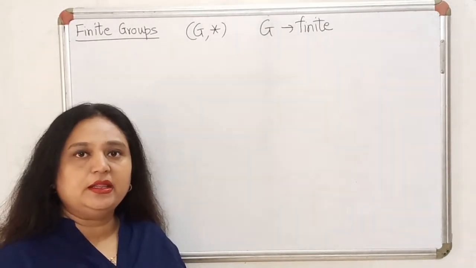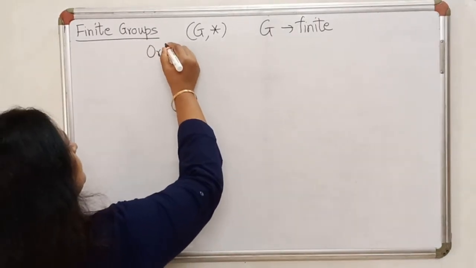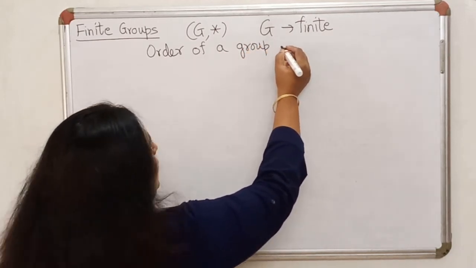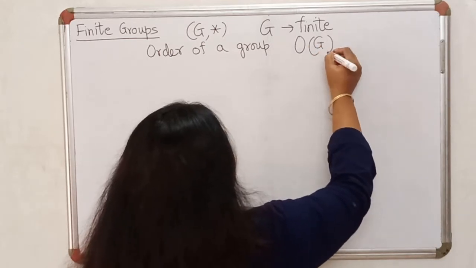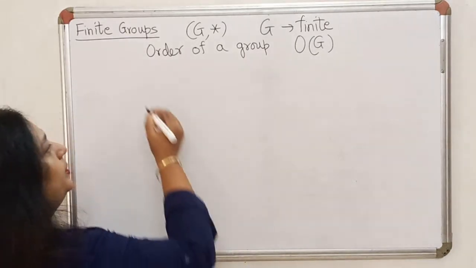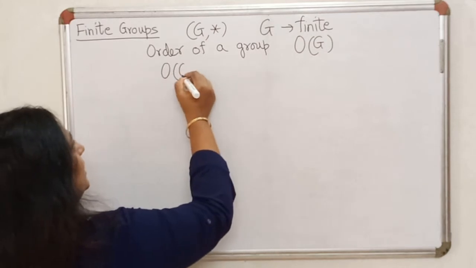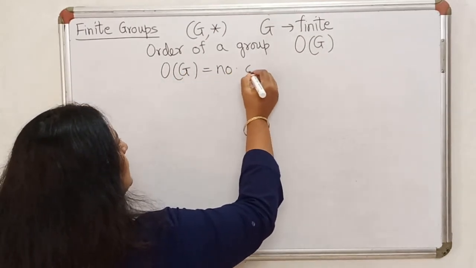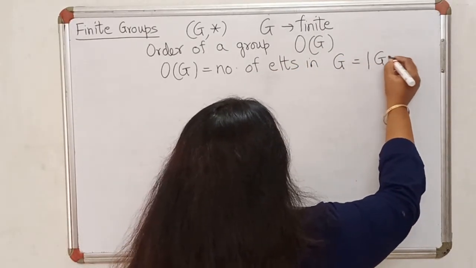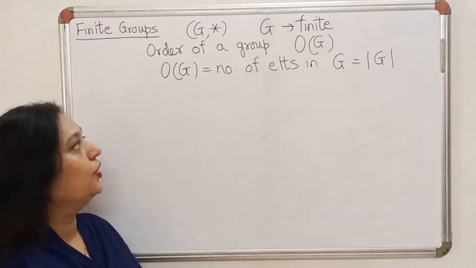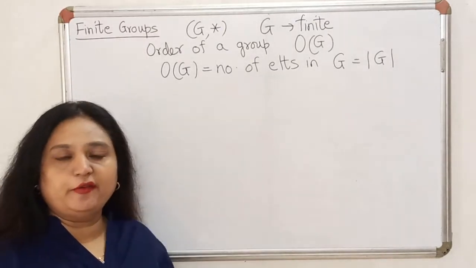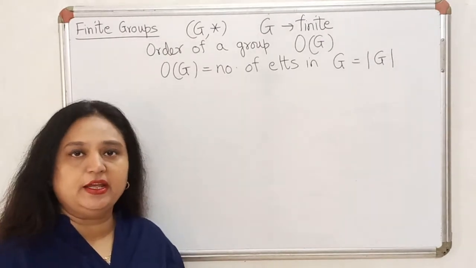We also define the order of a group. The order of a group is denoted by capital O of G, and in case of a finite group, we define the order of G to be the number of elements in G. In other words, the cardinality of G. So if the group is finite, then the order of the group is simply the number of elements in G, which is also the cardinality of the set.